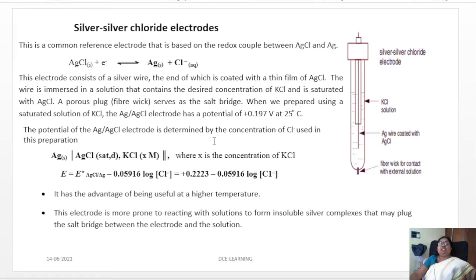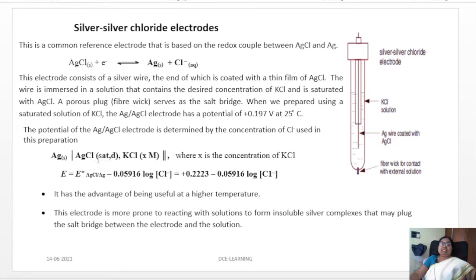The EMF of that cell depends on the concentration of chloride ion in the calomel electrode. Like that, the silver electrode also depends on the concentration of the chloride ion, because it usually depends on the solubility product of AgCl.